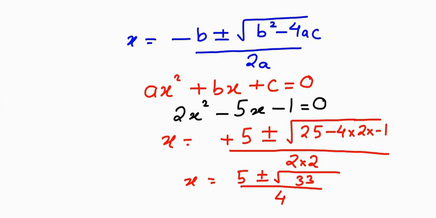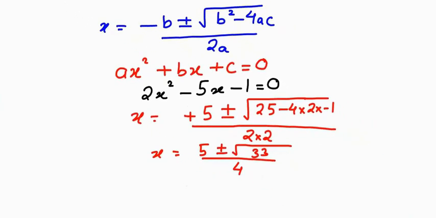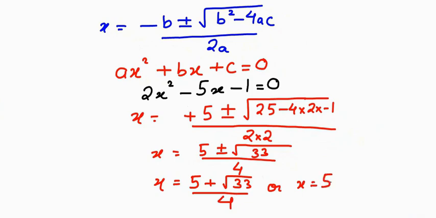So from here we can find two values of x. First solution will be x is equal to 5 plus under root 33 by 4. And the next solution will be x is 5 minus under root 33 by 4. So we can find the roots or zeros of any quadratic equation using the quadratic formula also.